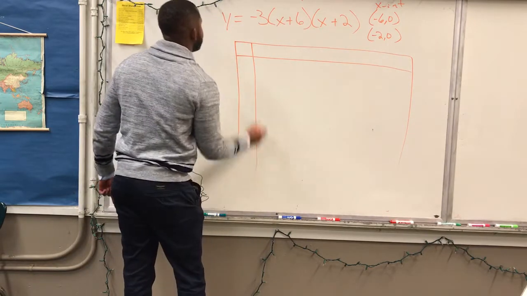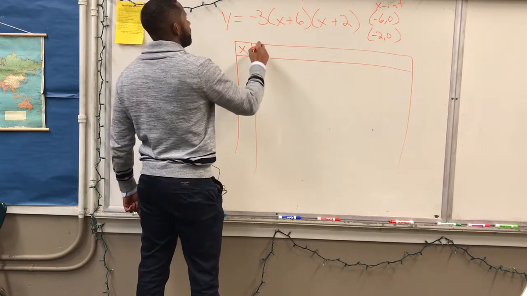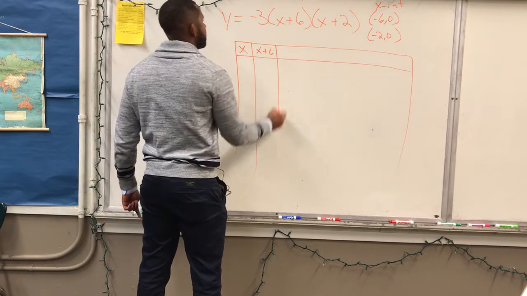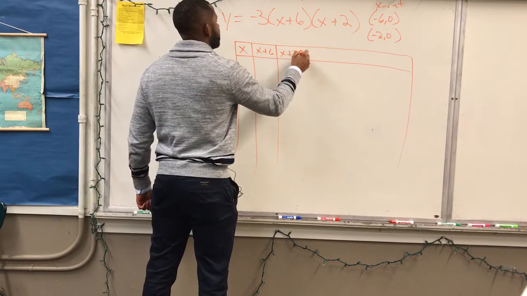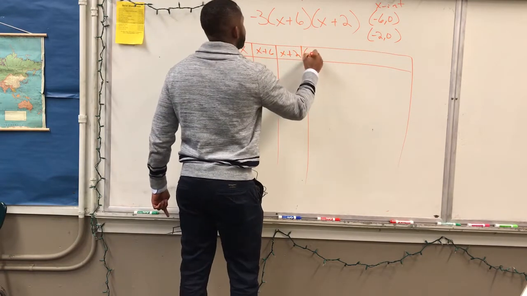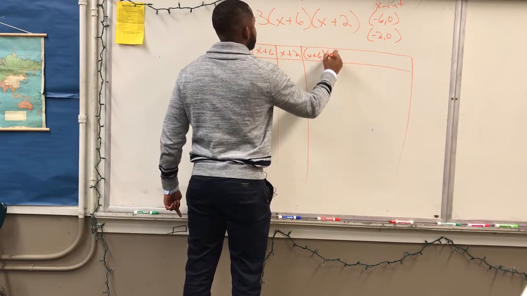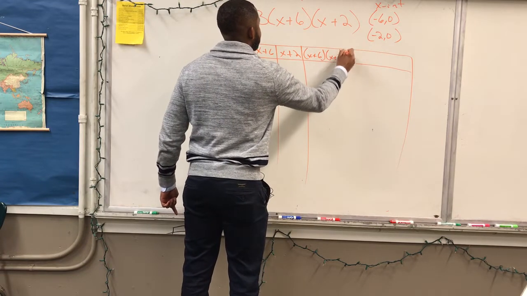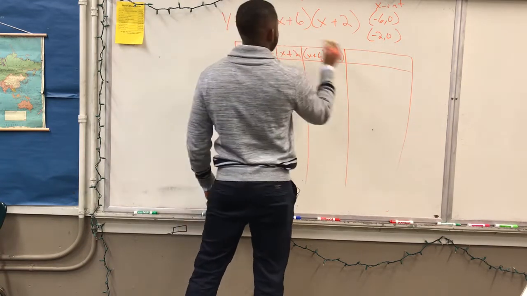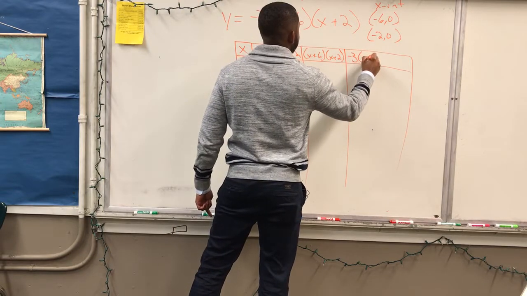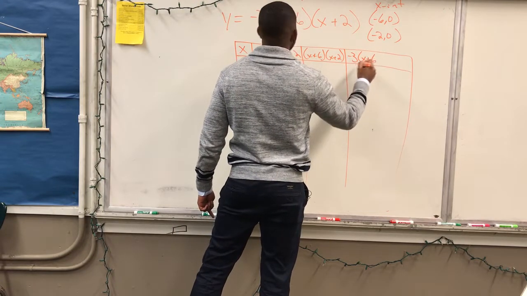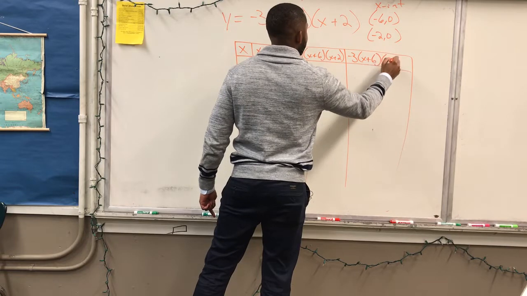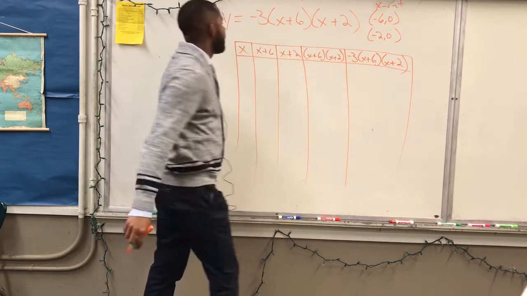Here is x. Here is x plus 6. Here's the x plus 2 part. Here's where x plus 6 and x plus 2 are being multiplied against each other. And here all of that is being multiplied with negative 3, x plus 6, x plus 2. Okay? I built it.